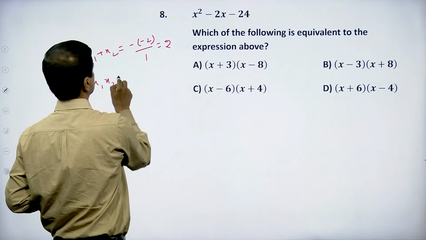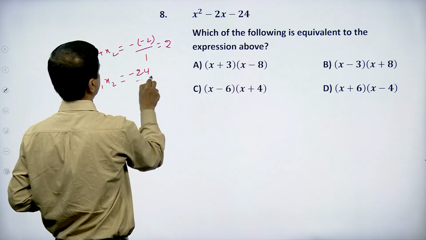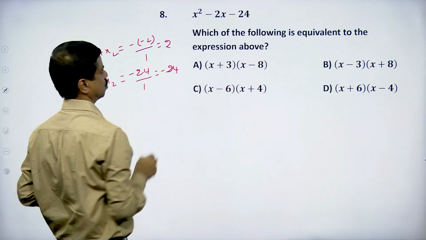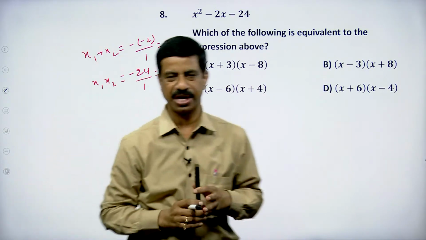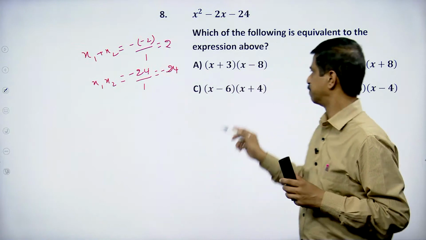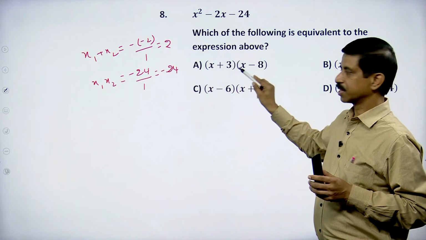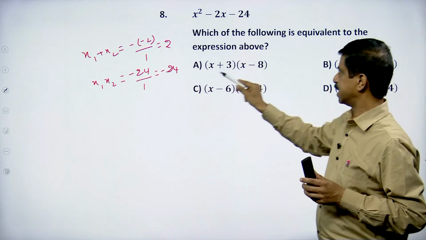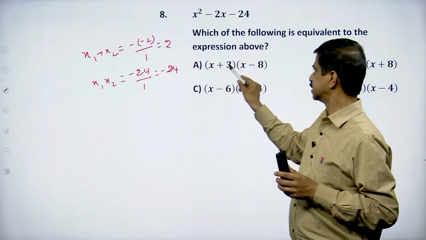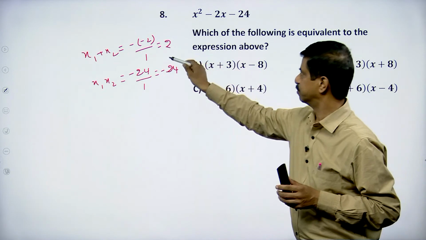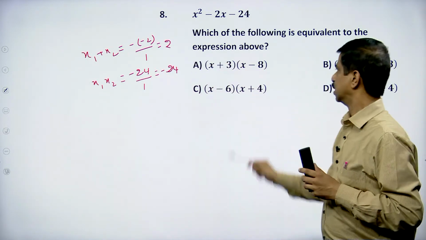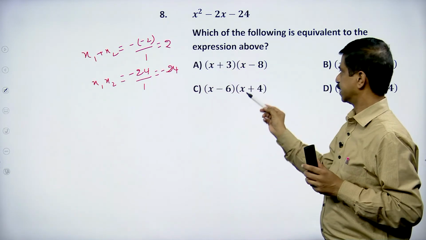Product of roots is c by a, that is minus 24. So this is the easiest way to identify which of them are equivalent. This is minus 3 and plus 8. Minus 3 into 8 is minus 24, satisfied. Minus 3 plus 8 is 5, which is not 2. Not the answer.